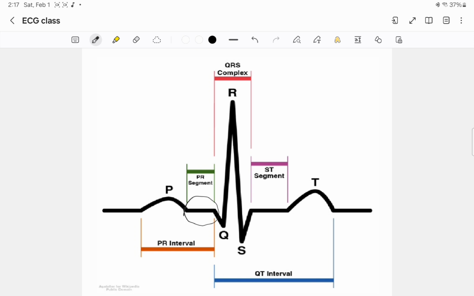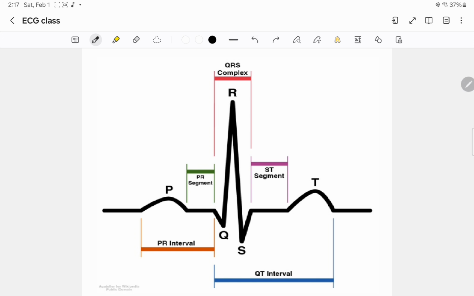Okay, mild downsloping of the PR segment can be normal and by itself is not diagnostic of anything, right? So the PR segment, it's useful, but it doesn't give us a whole lot of information, all right? But in sequence, going in this order, right, we should still take a look at the PR segment, right?